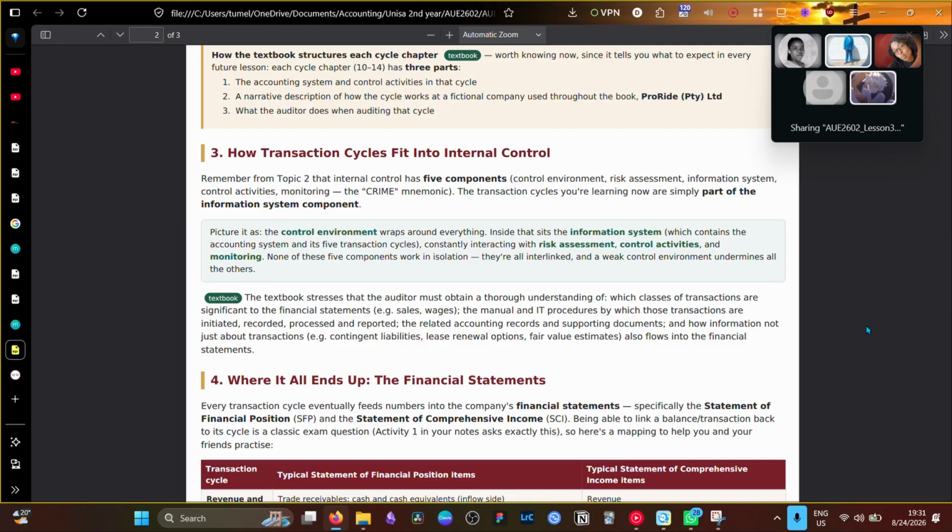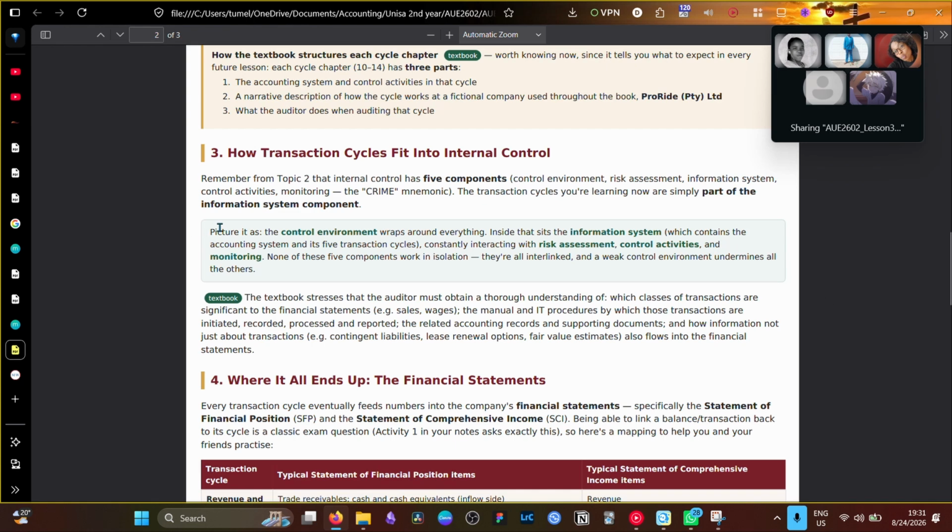Yeah, so that's a better way to go about it. But also a great way is just to say five components, so once you've touched on C, R, I and M is monitoring, you know that the other one is control activities.